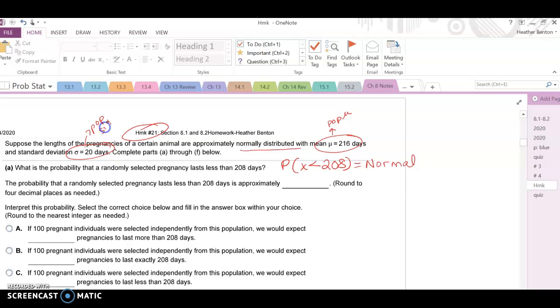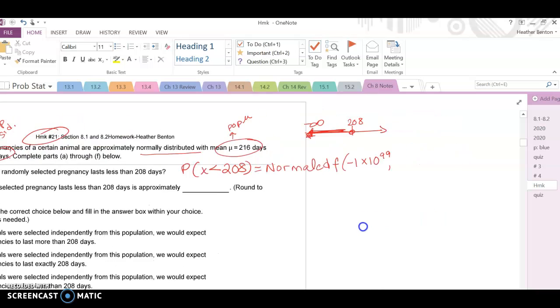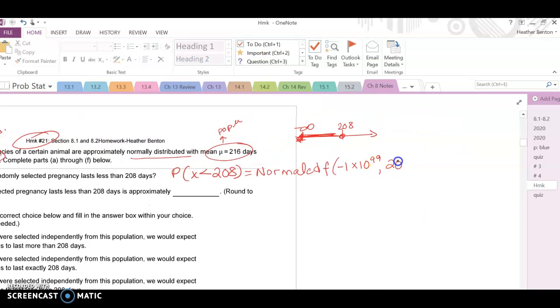This is the easiest kind of problem to work, where we're just going to enter in, because we know this is less than 208, so everything up to 208 from the left, from negative infinity to 208, would be negative 1 times 10 to the 99th power, and then we would do 208 as our upper limit, so this is our lower limit and our upper limit.